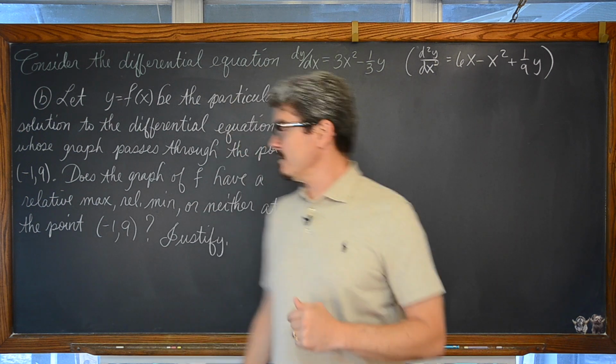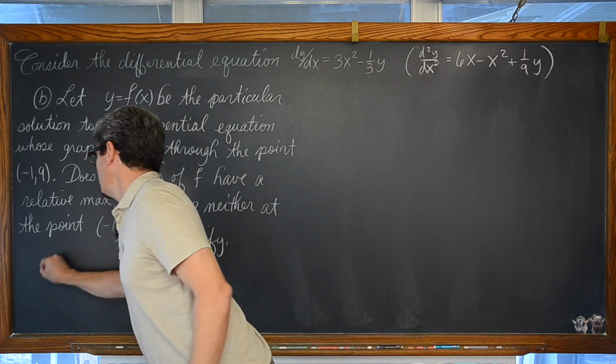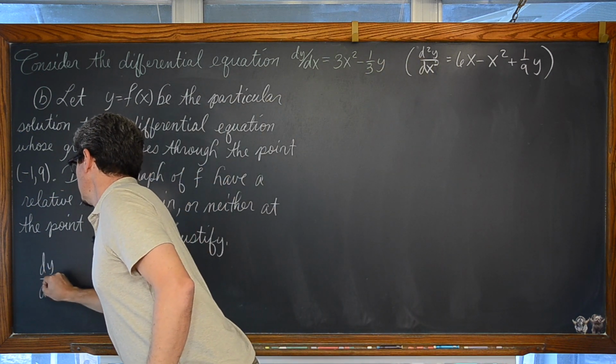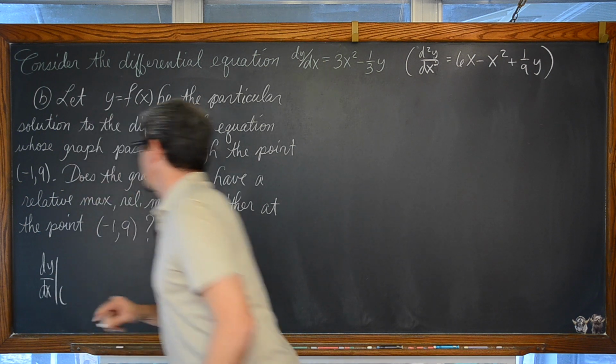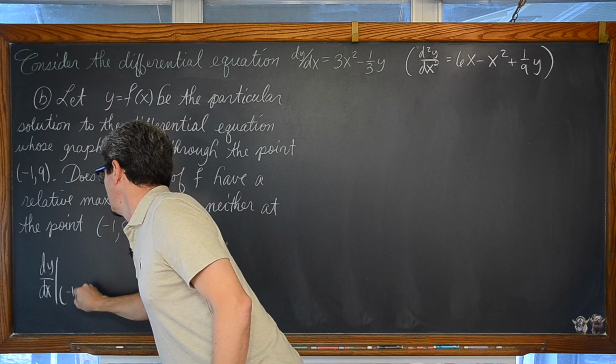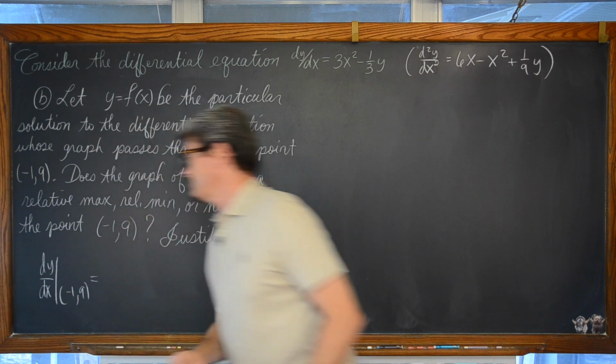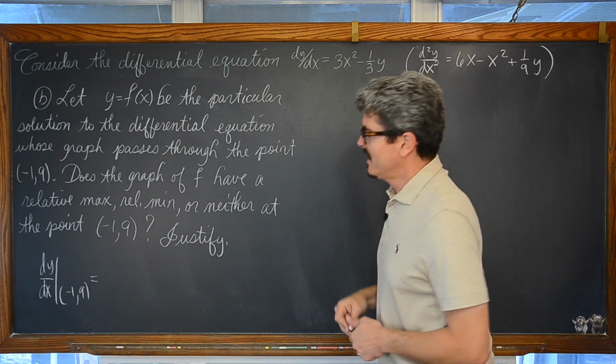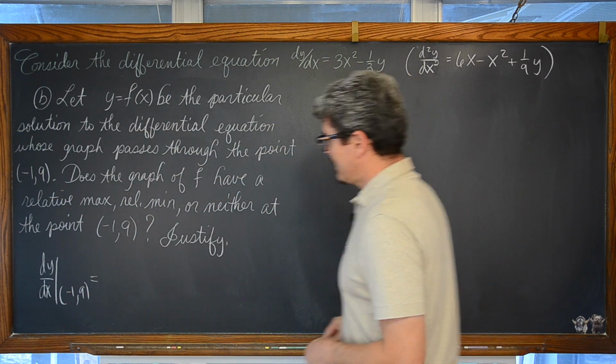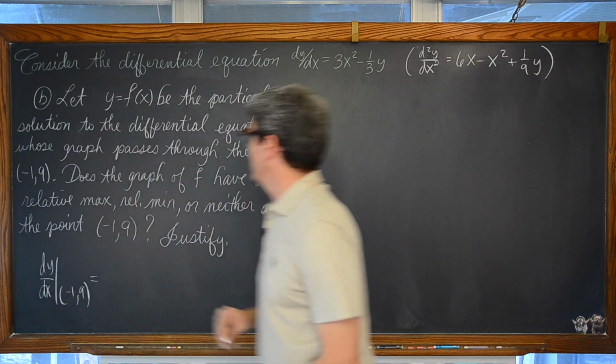So let's first go there and say, what is the value of the first derivative at the point (-1, 9)? And I'm guessing this is going to be 0, otherwise it's not a very interesting problem. Okay.